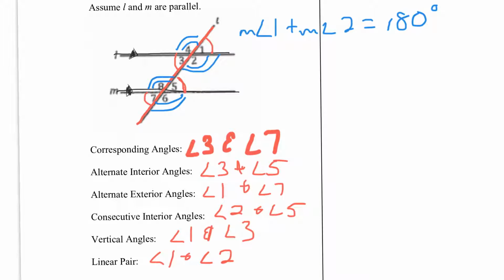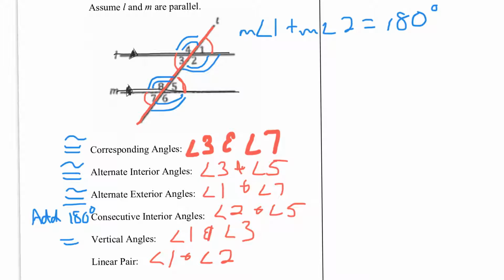So let's review this real quick. Corresponding angles, they are always going to be congruent. Alternate interior angles are always going to be congruent. Alternate exterior angles are always going to be congruent. Consecutive interior angles are always going to be supplementary, which means add to get 180.